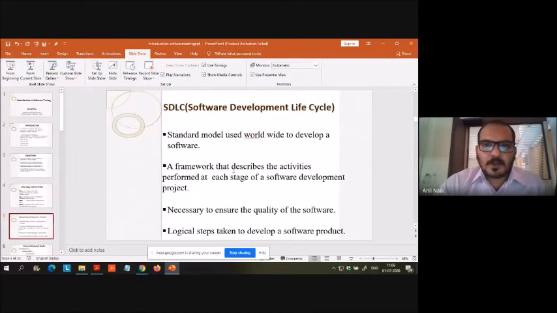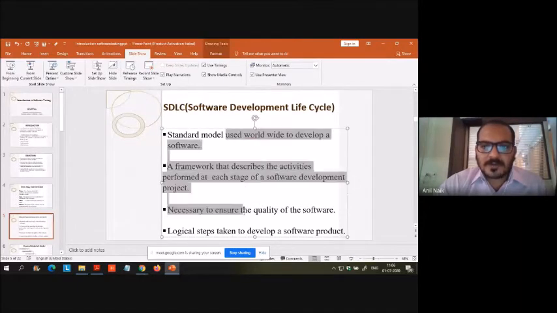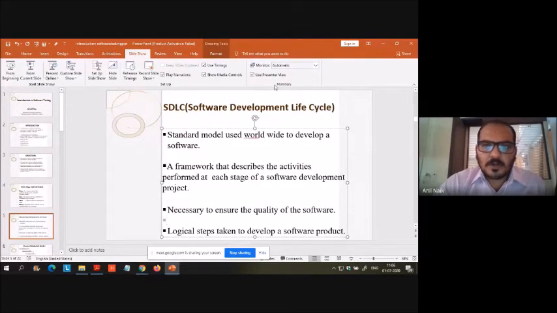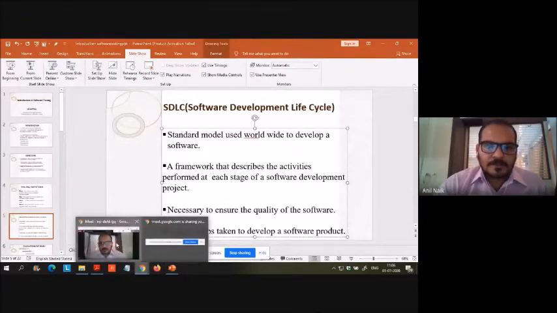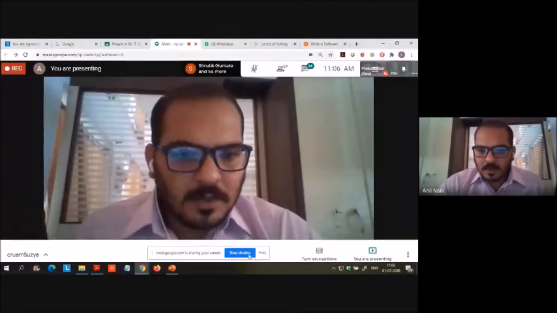Then you already know the software development life cycle. I want to know from you what are the concepts you know about software development life cycle.